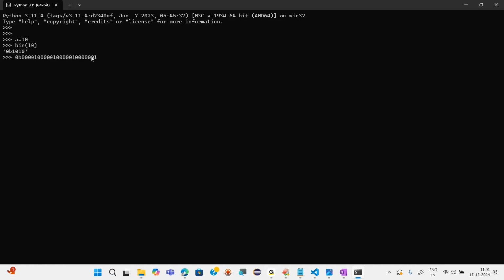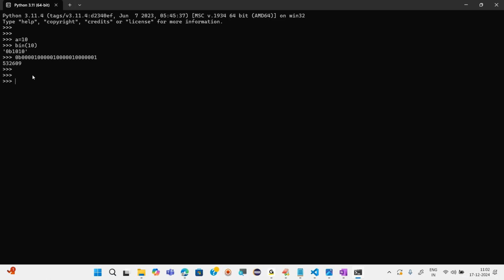What is the decimal value for this particular binary? That means when we convert this low level data into high level, what should be the answer? Do you know? No, you have to calculate it, right? But immediately it is going to say that this particular binary value represents the decimal value 532609.